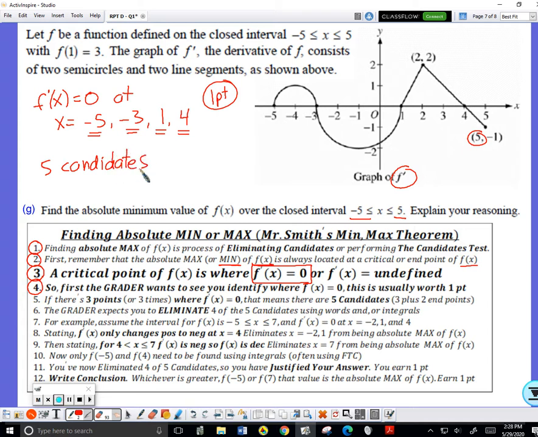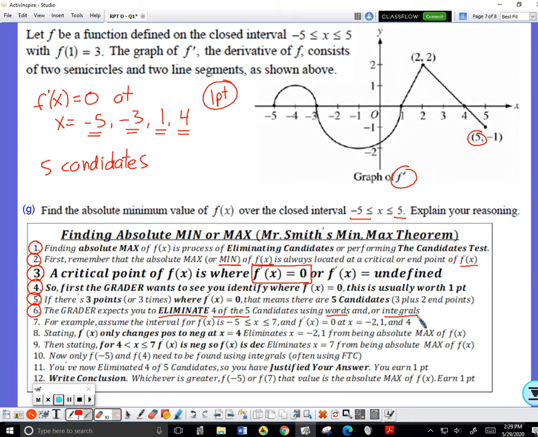And I can eliminate them using words, or I can eliminate them using integrals. So that's what's described here. The grader is going to expect us to eliminate 4 of the 5 candidates using words or using integrals.